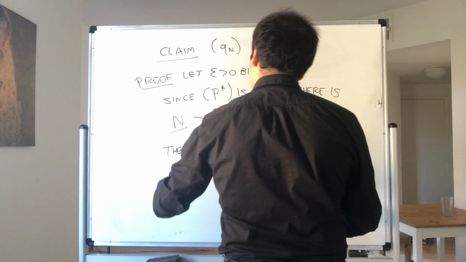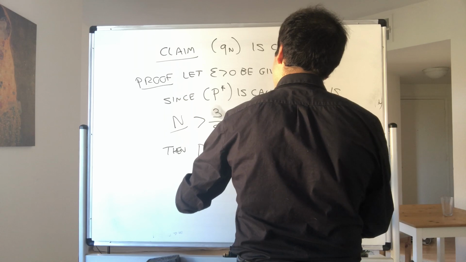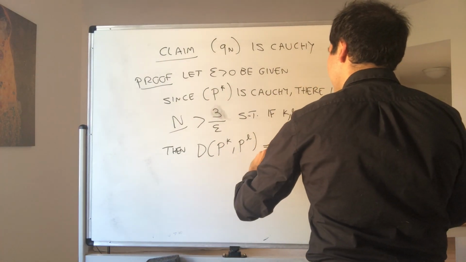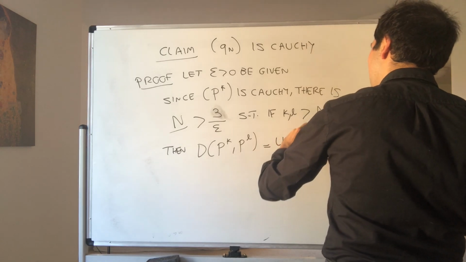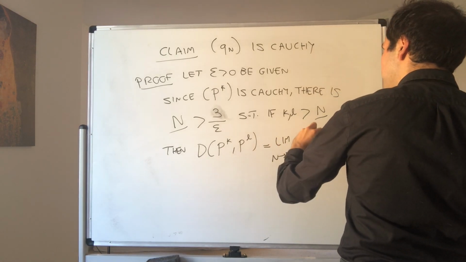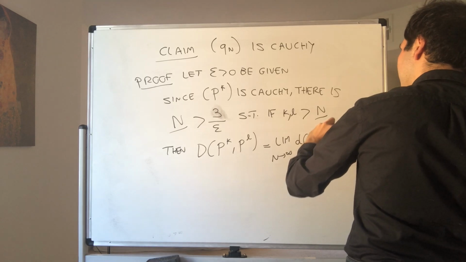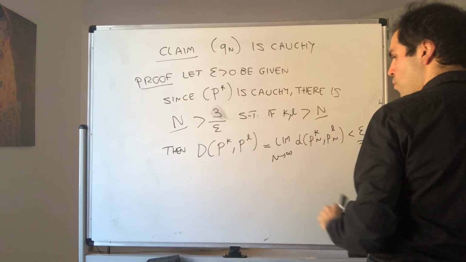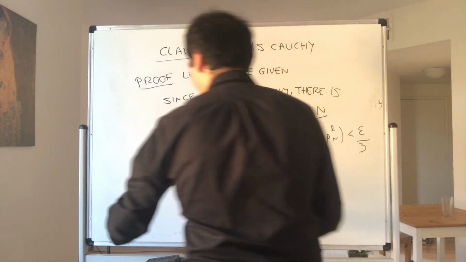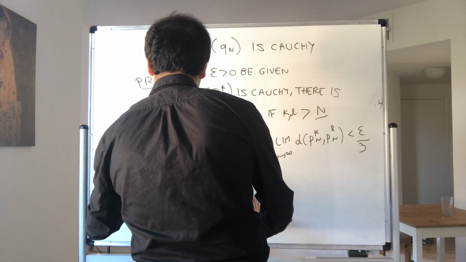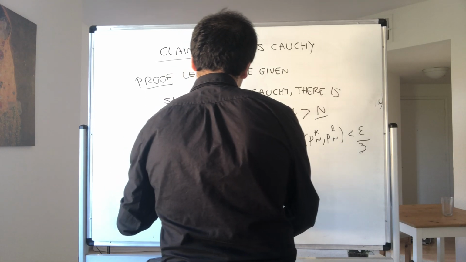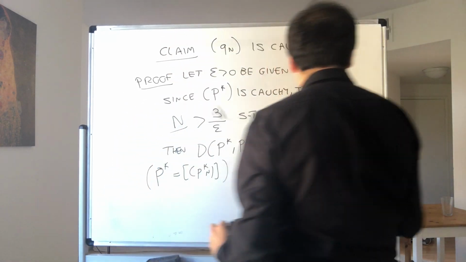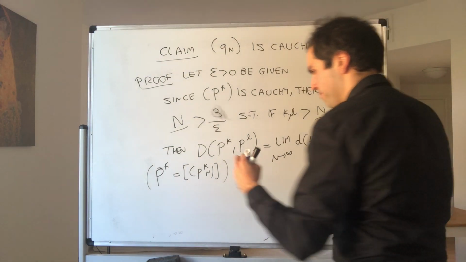the distance of P_k and P_l, which I would like to remind you is just the limit as n goes to infinity of the distance of P_kn and P_ln, is less than epsilon over 3. What is P_kn? Well, just P_k, a representative of the equivalence class, and similarly for P_ln. All right.